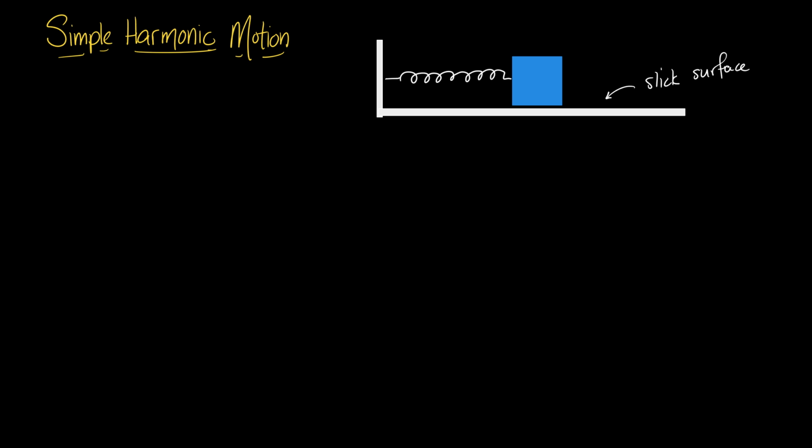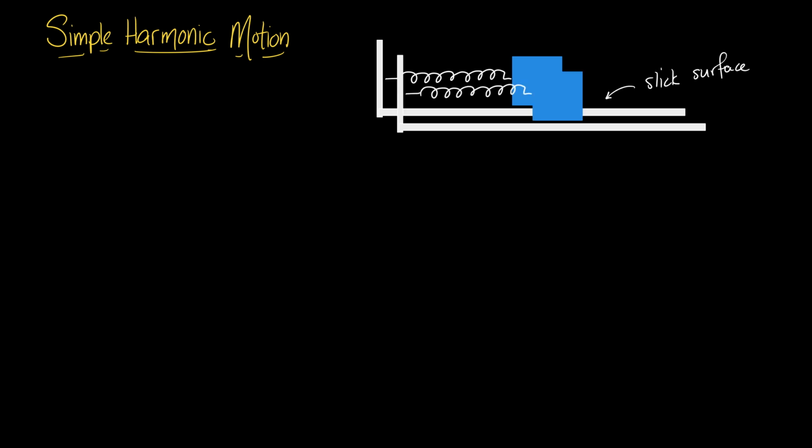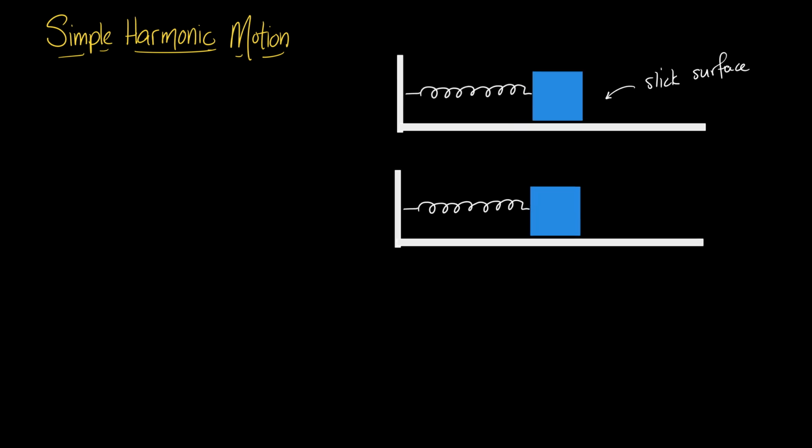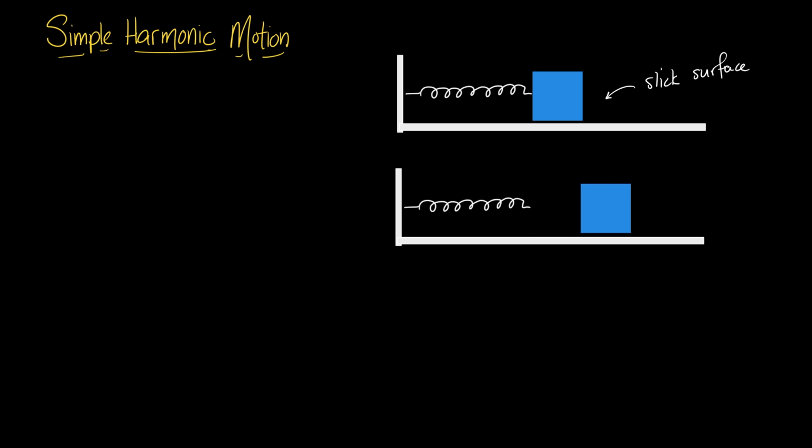One way to do that, of course, is to take our starting point here and maybe take the mass and pull it out a small amount. This will stretch the spring clearly, because we've now moved the object outwards a distance x.